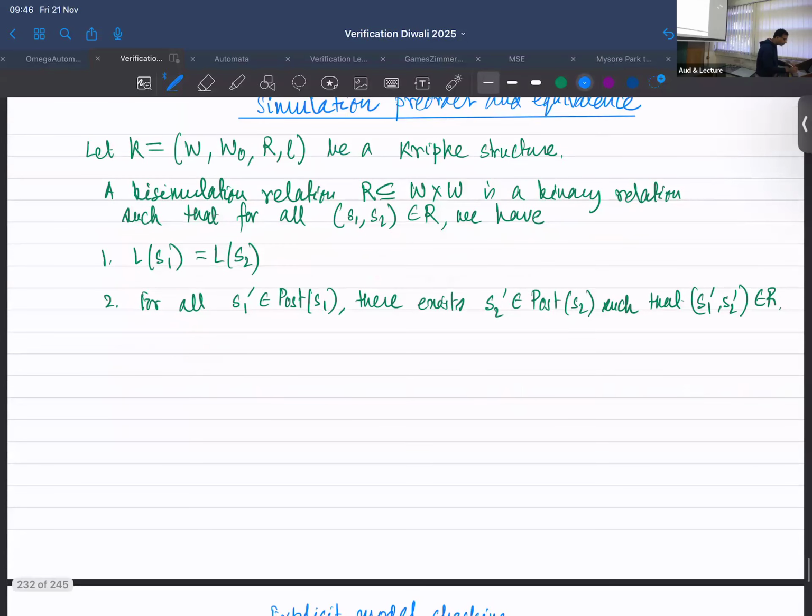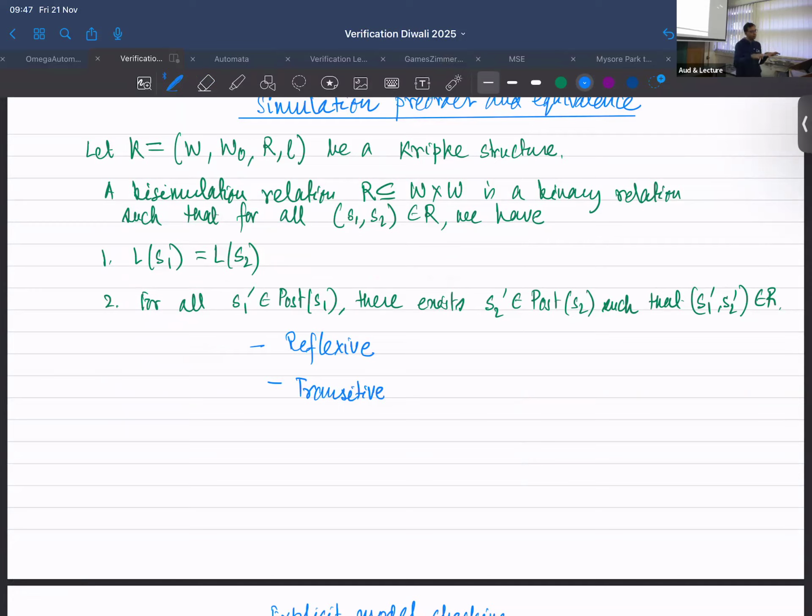So what are the things you can expect here? What kind of properties? It is reflexive, right? Because if you consider S1, then whatever S1 can do, S1 can also do the same thing. It's also transitive, right? In the sense that if S2 can simulate S1 and S3 can simulate S2, then S3 can simulate S1, right?